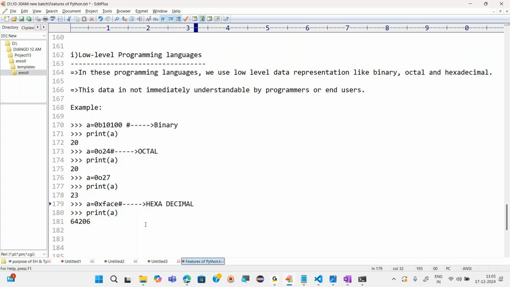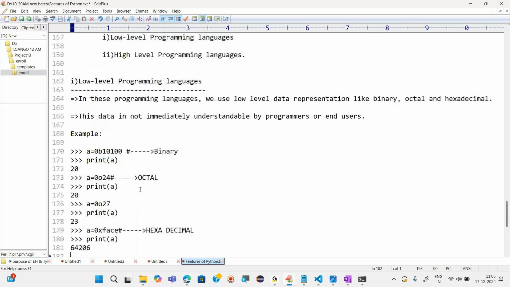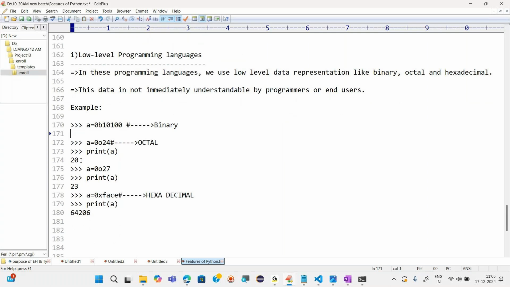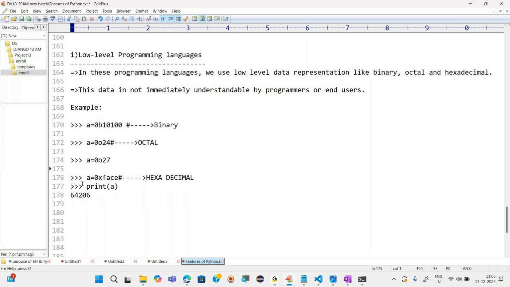That's it. But that is what we are converting, right? So we won't keep these things here. I will tell you the proper example. These are my low level data.